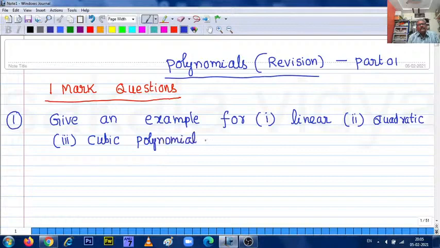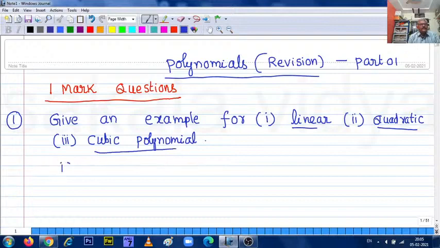See, in the examination you are asked to give an example. Okay, Sri Salem, welcome, good evening. You are asked to give an example for linear polynomial, quadratic polynomial and cubic polynomial.